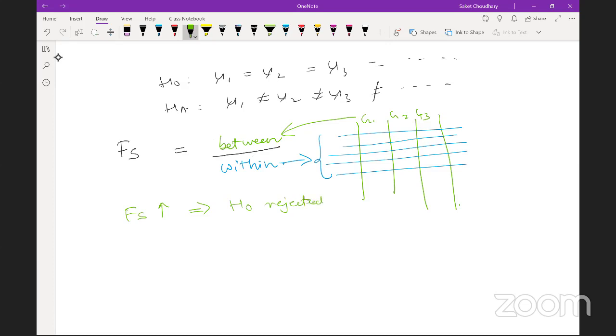You can see why, right? Because the between variance is very high, and hence the probability of this holding goes down. Correspondingly, if F_S is low, H naught may not be rejected.